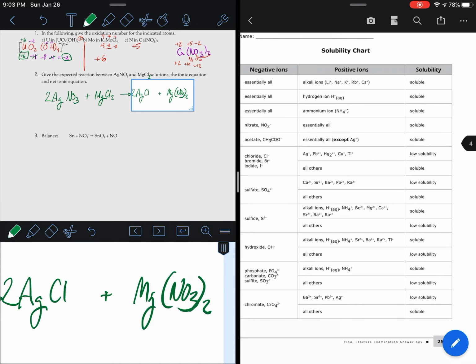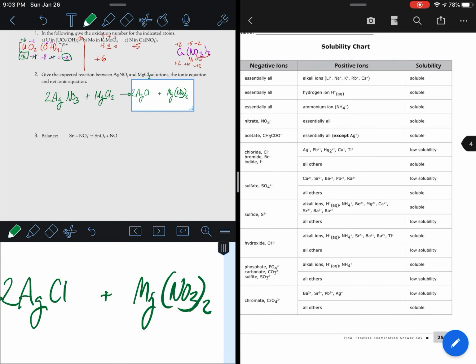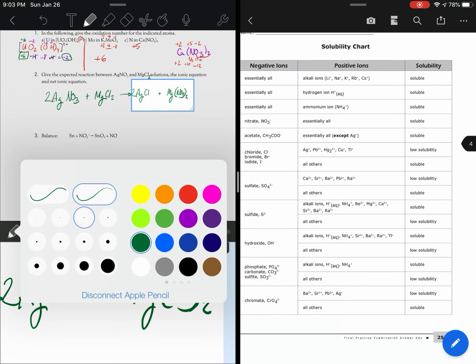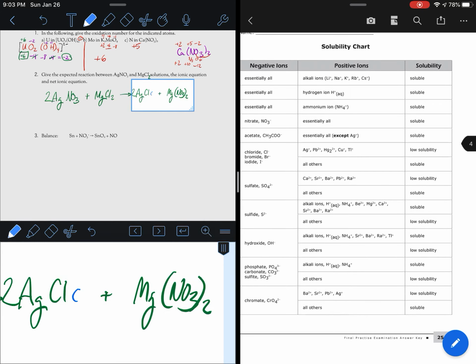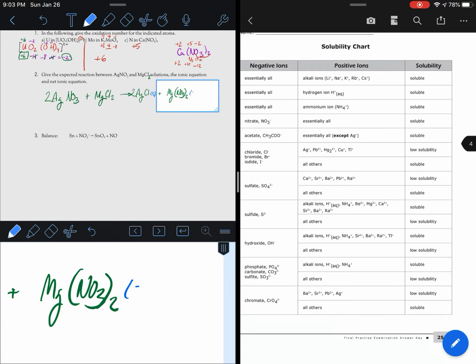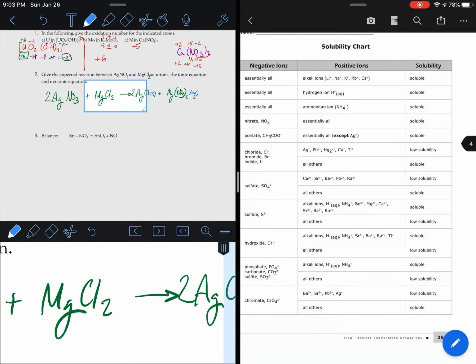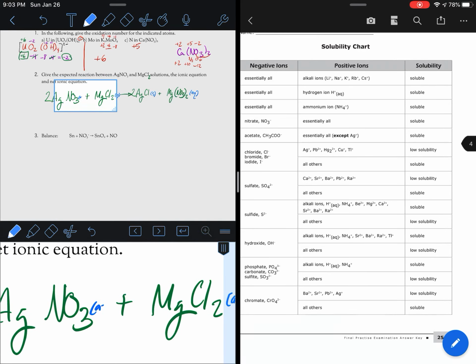Okay, and then we look up our chlorides. Chlorides here on our negative ion chart have low solubility with silver, so that is the one that will be solid, and the other one will be aqueous. Magnesium chlorides are aqueous, and silver nitrates are aqueous. So we get to start with aqueous.